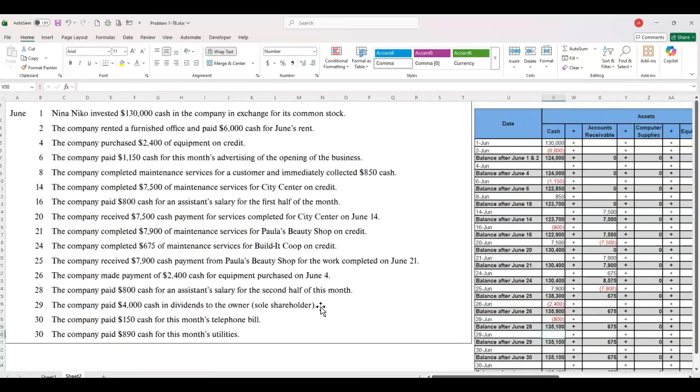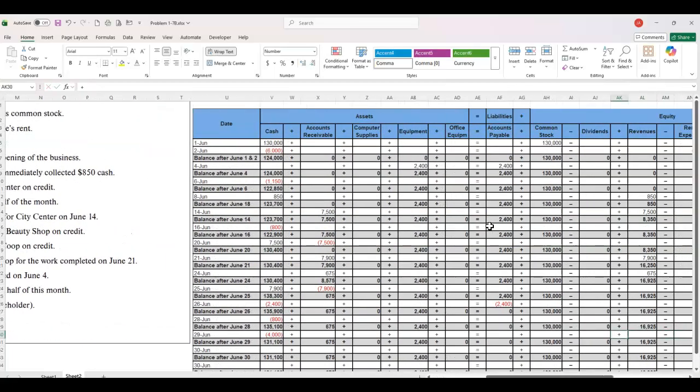On the 29th, we paid $4,000 in cash dividends to the owners, so cash went down by $4,000, and dividends are going to be paid. They reduce equity.